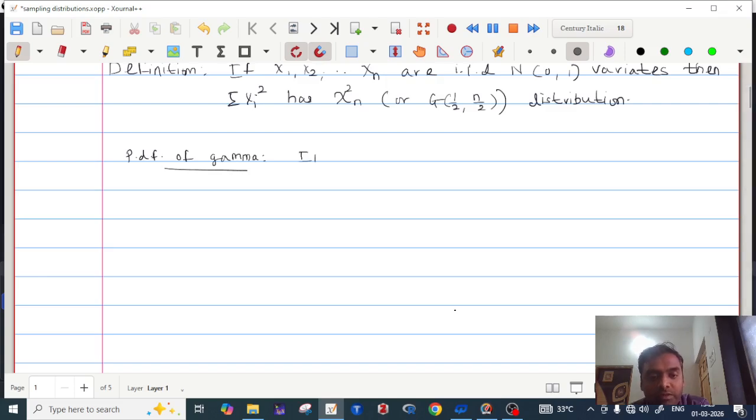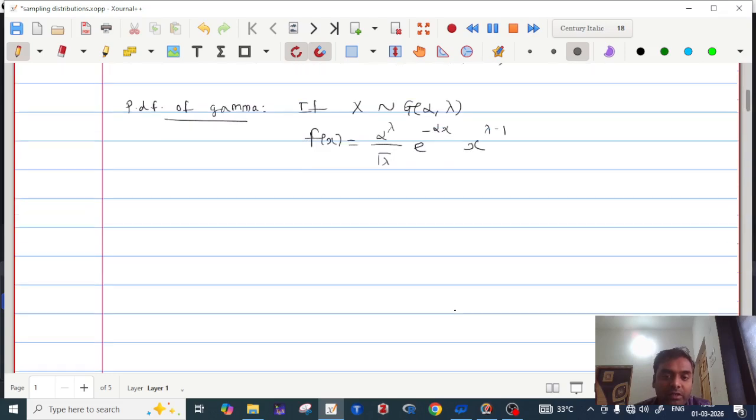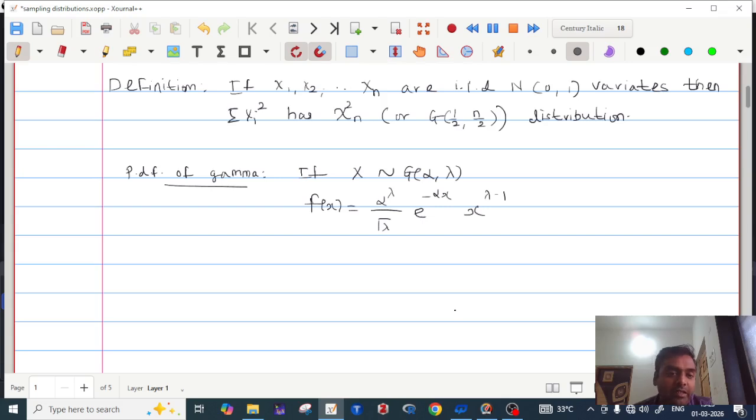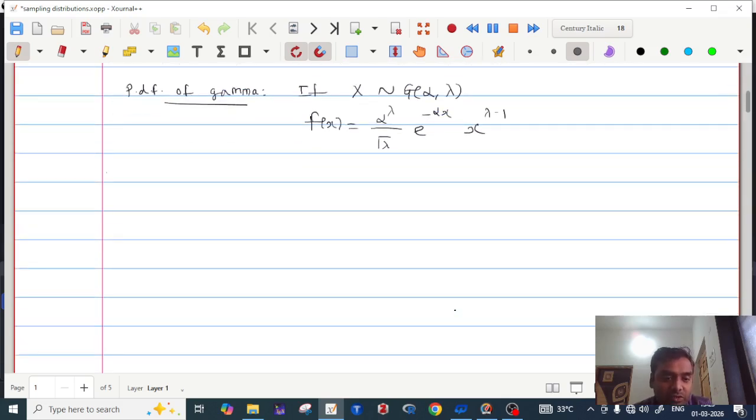If x follows gamma alpha comma lambda, its PDF is alpha raised to lambda over gamma lambda, e raised to minus alpha x, x raised to lambda minus 1. In this PDF, take alpha equal to 1 by 2 and lambda equal to n by 2, and you will get the PDF of the chi-square distribution.